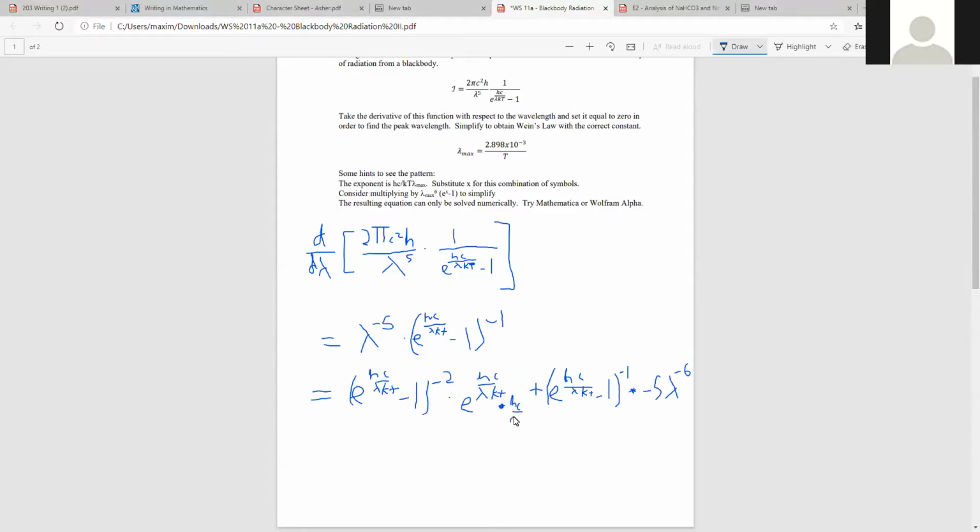And is it negative? The negatives cancel out. Oh yeah, they do. And all that is multiplied by lambda to the negative fifth.